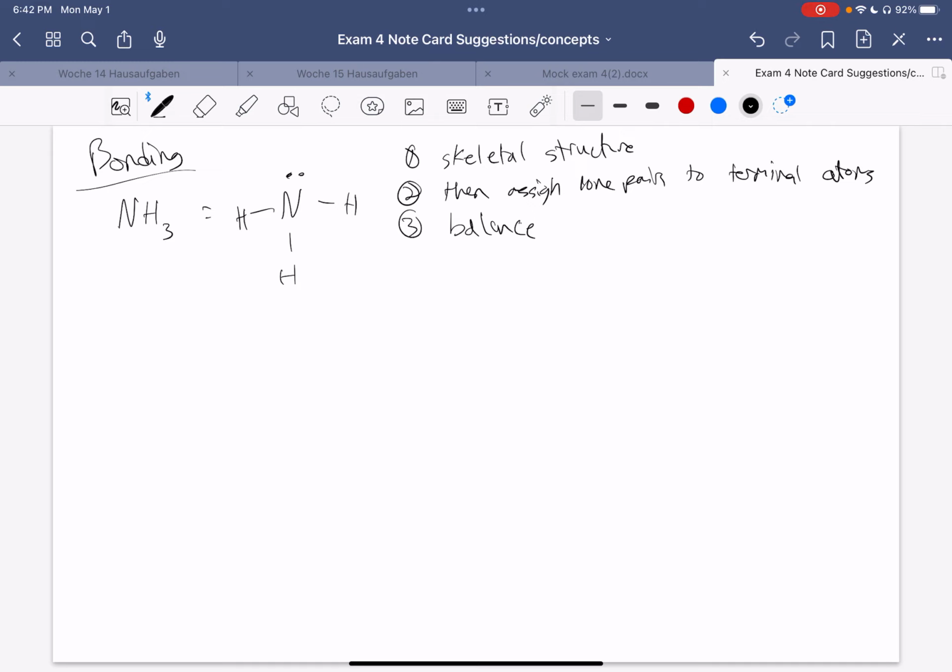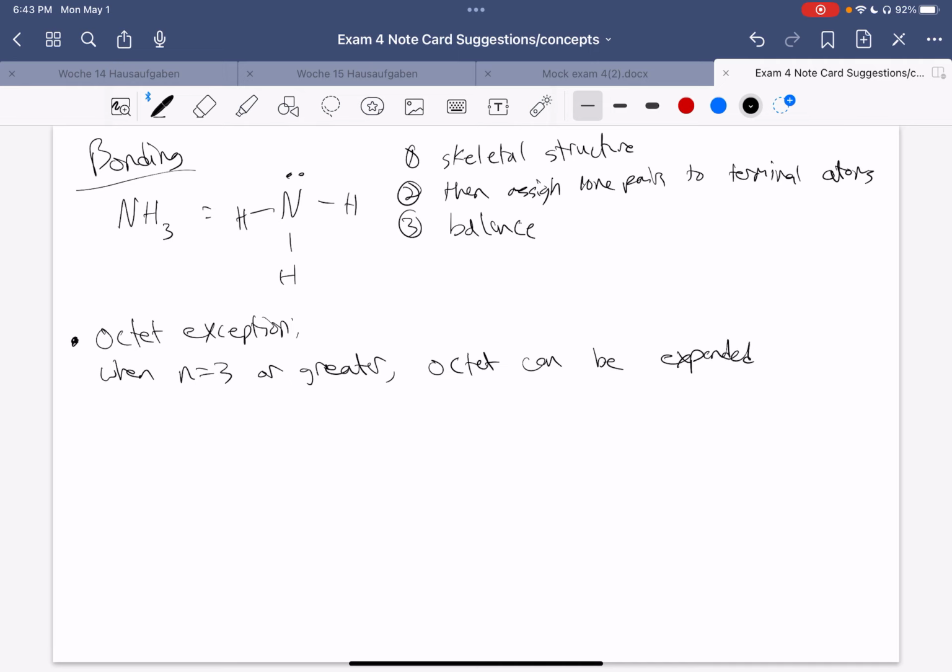And then another thing, what I was about to say earlier, is the octet exceptions. So when n equals 3 or greater, when you're in the third energy level or greater, the octet can be expanded.